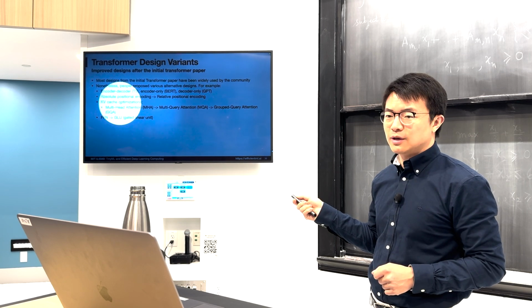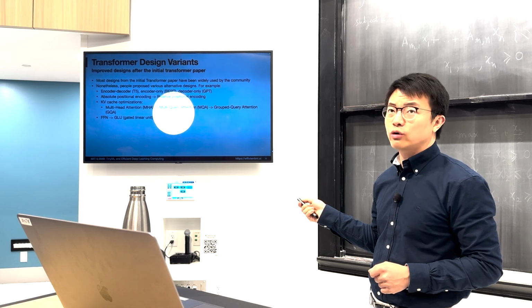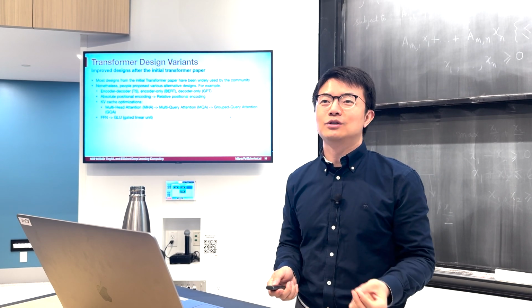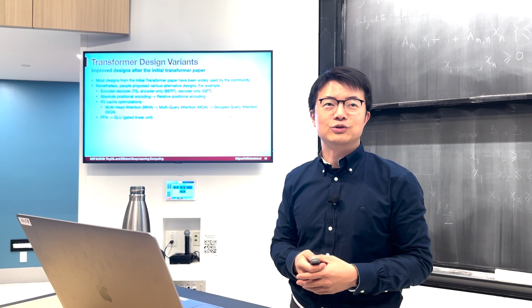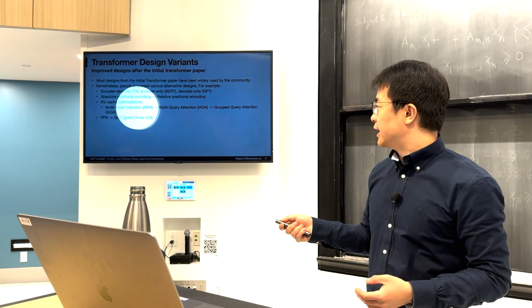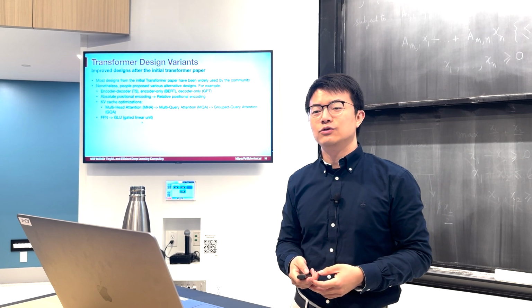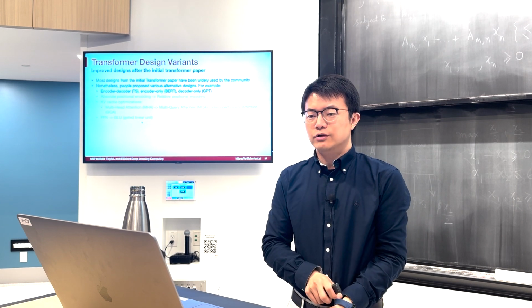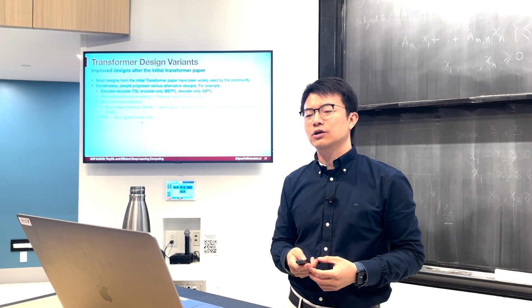Also there are several KV cache optimizations, for example, not only the multi-head attention, but a smaller version, the multi-query attention, and also group query attention, which is very similar to normal convolution versus depth-wise convolution versus group conv, a trade-off between capacity and computational complexity. And also from the FFN to GLU, the gated linear unit, which is quite widely used these days compared with the original FFN layer. So let's first talk about encoder-only versus decoder-only models.